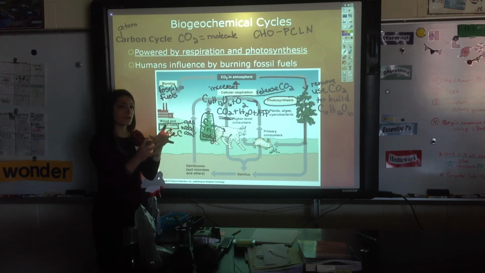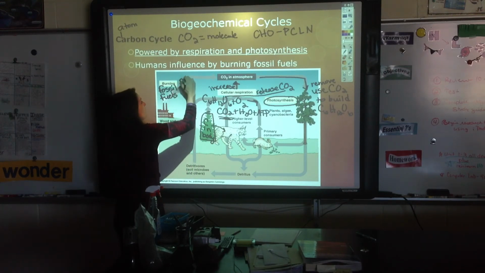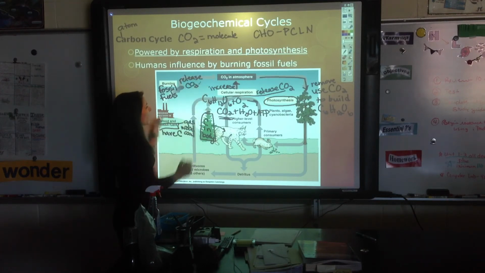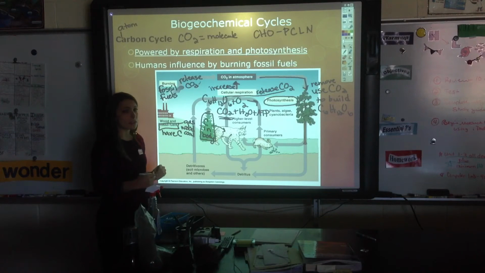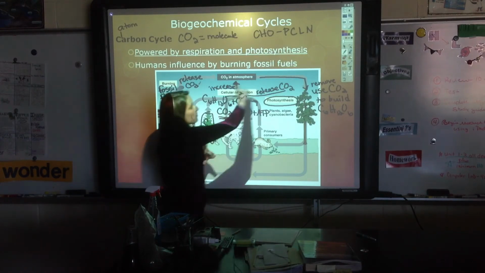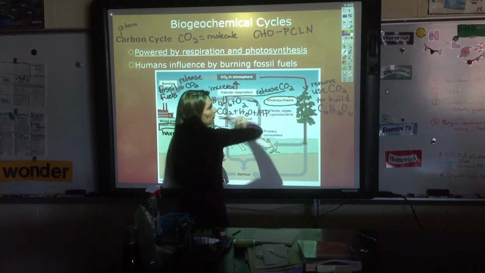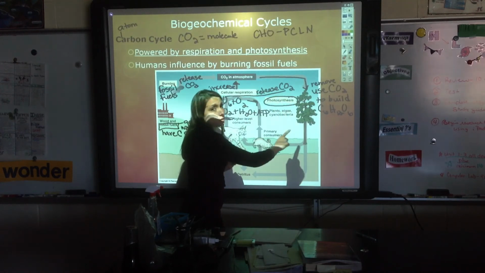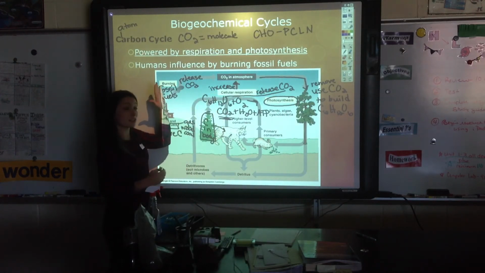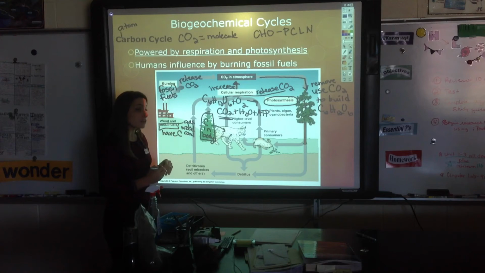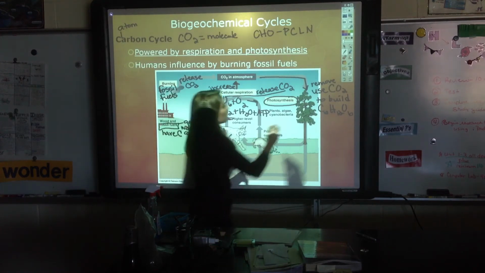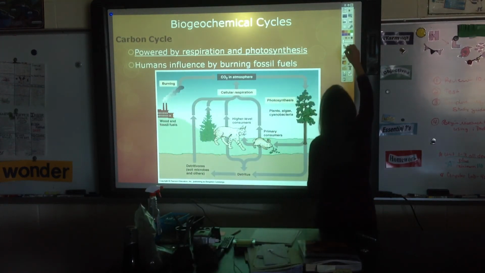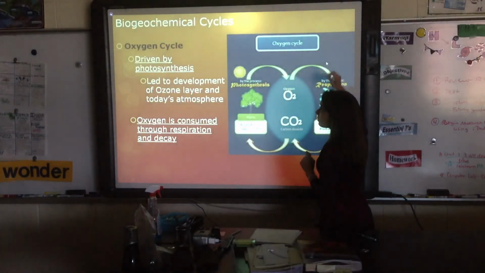When I burn those fossil fuels, we release CO2. So we add CO2 to the atmosphere. So normally respiration and photosynthesis perform this cycle, but when we burn lots of fossil fuels, we release too much carbon dioxide.